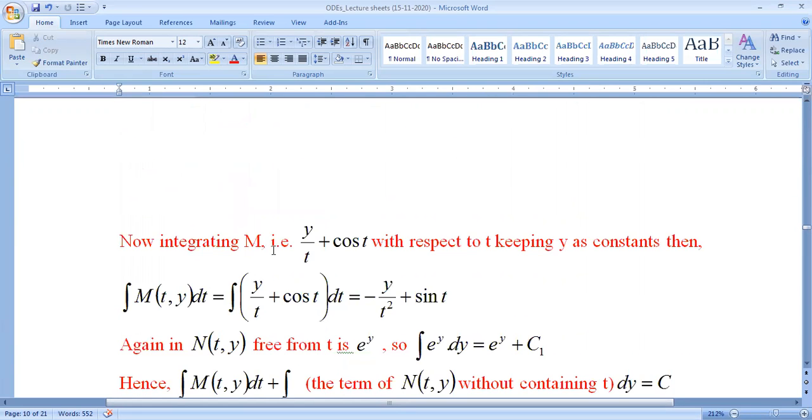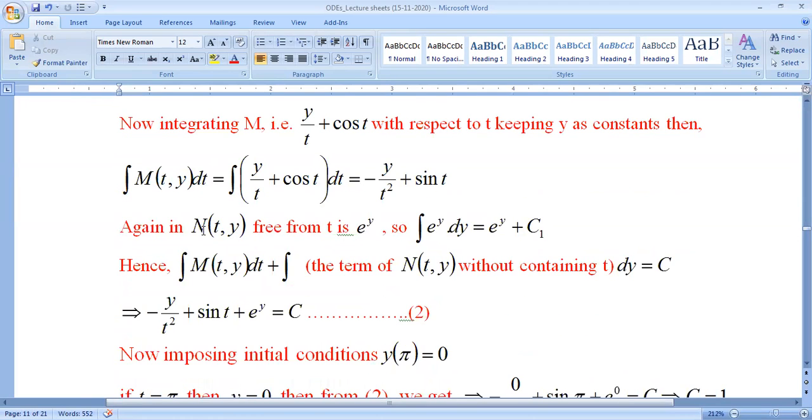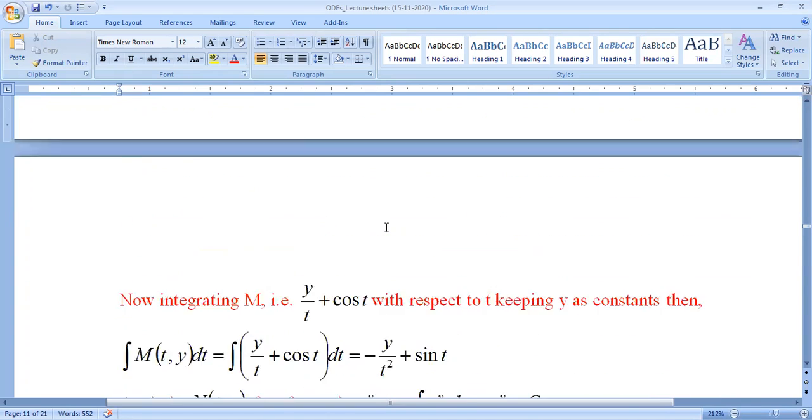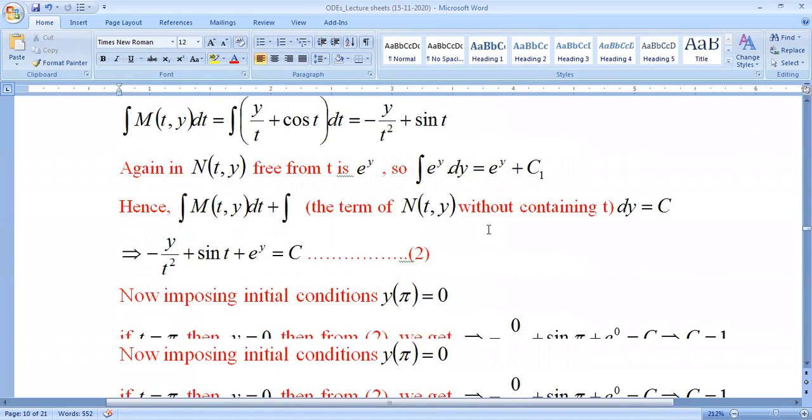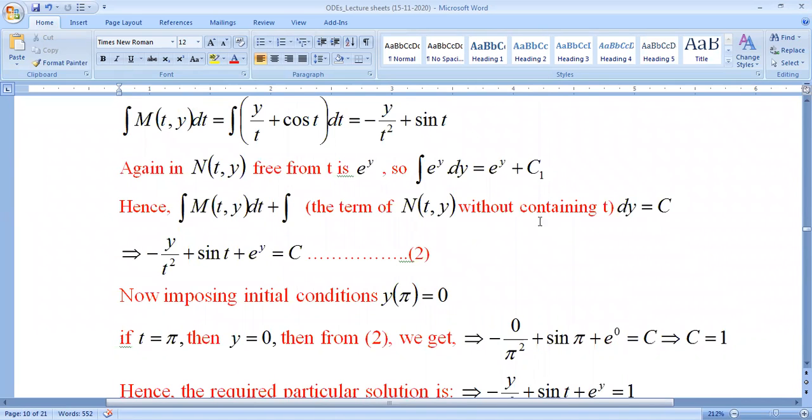Now we'll solve this. Integrating M with respect to t, keeping y as constant, we get this: integrating with respect to t, minus y by t square, and cos t will be sin t. Again, N has a term free from t, only e to the power y. Integrating this with respect to y gives e to the y plus sigma.